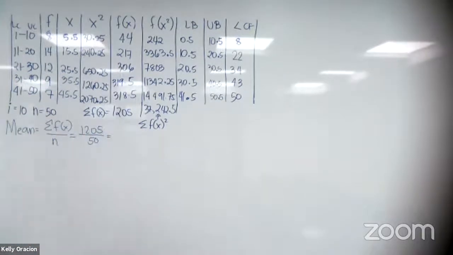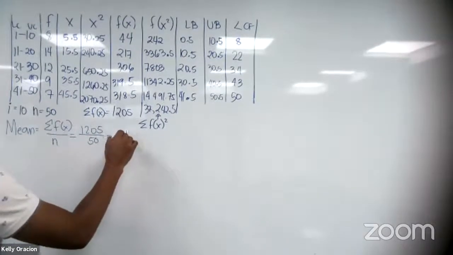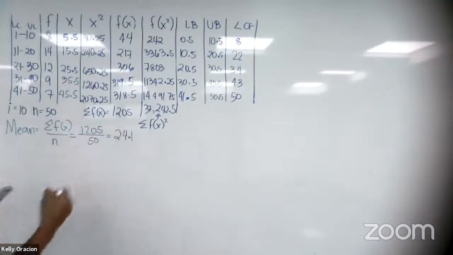So, 1,205 divided by 50, the answer is 24.1. Okay? Our mean is 24.1.